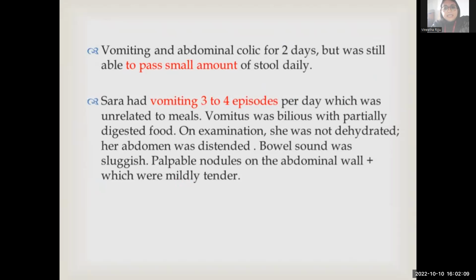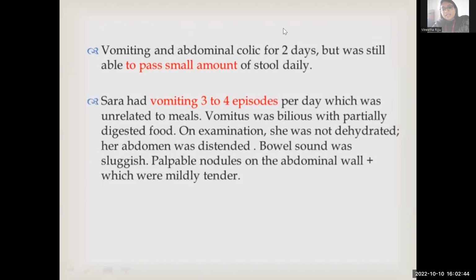The vomitus was bilious, yellow in color, with partially digested food. Bowel sounds were sluggish.